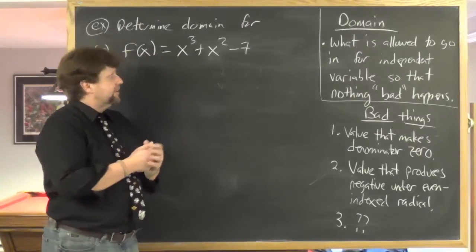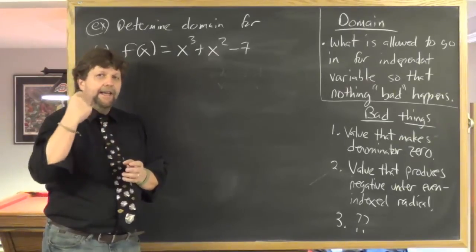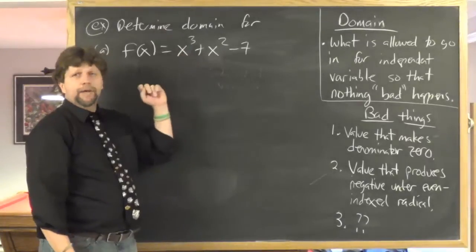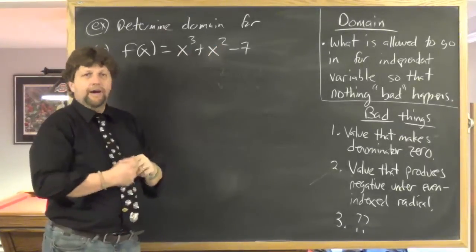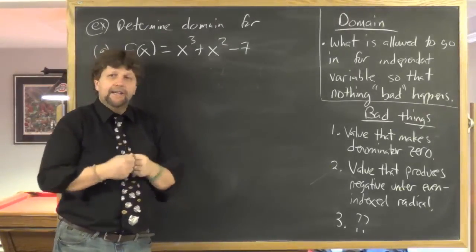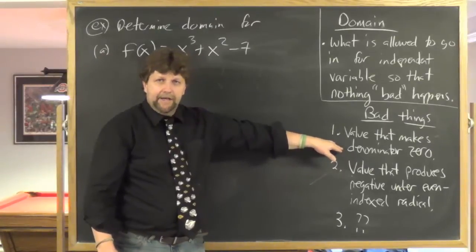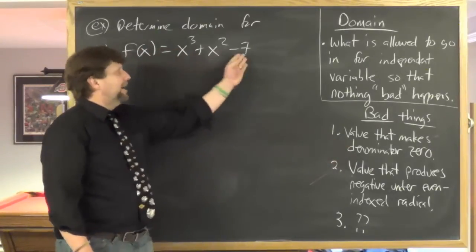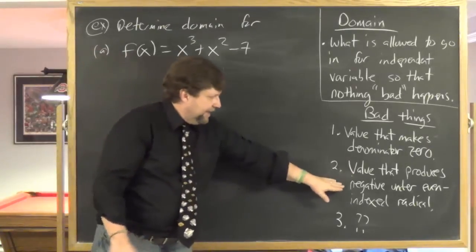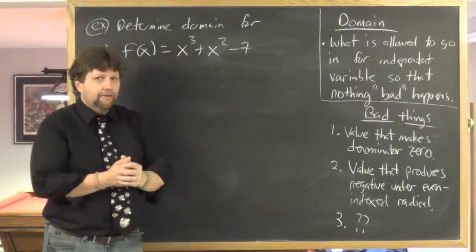Well, I don't see anything bad that could possibly happen here. I can take any real number and put it in for x, and I can cube it, and I can square it. I can definitely add them, and I can definitely subtract them. I don't see 0 appearing in the denominator of a fraction because it's a polynomial. I don't see anything that looks like a fraction. I don't see a negative appearing under an even indexed radical because I don't see a radical.